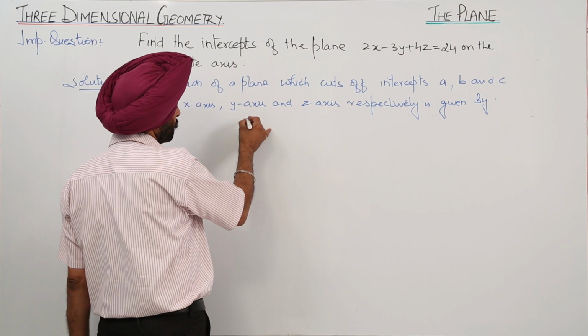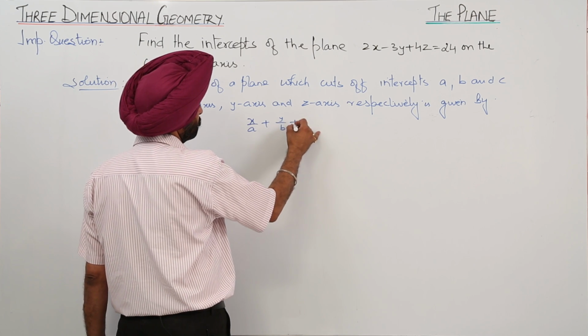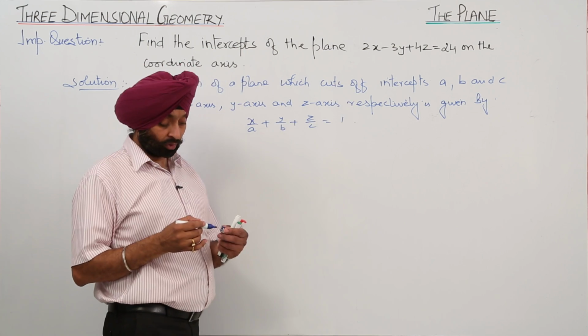So, it is given by x upon A plus y upon B plus z upon C is equal to 1. We have already derived this formula.